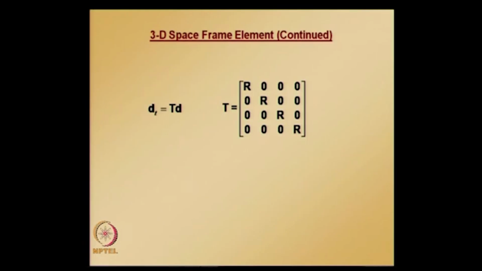They are related through a transformation, and the transformation consists of 4 identical 3 by 3 rotation matrices. So the total size of the transformation matrix is going to be 12 by 12. Now we need to know how this R looks like.